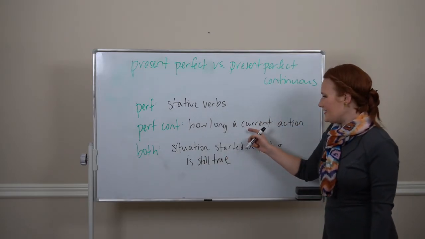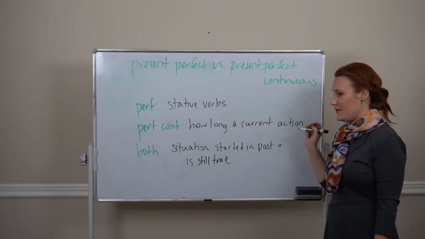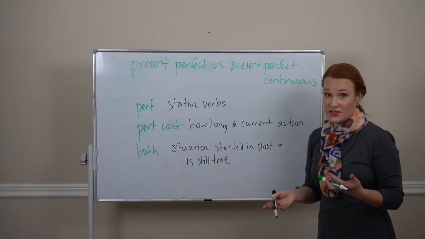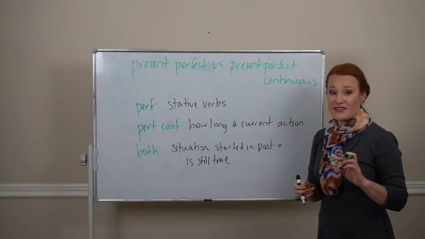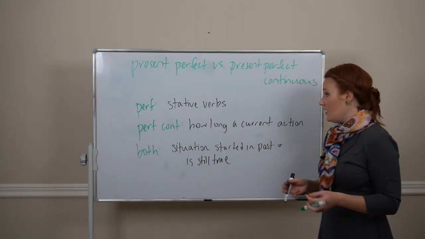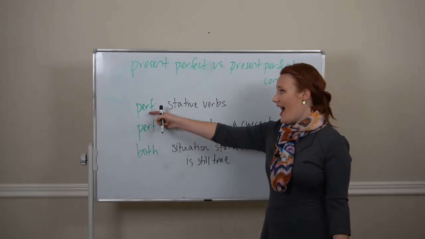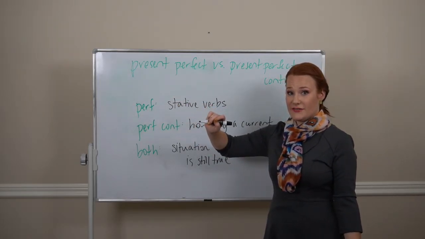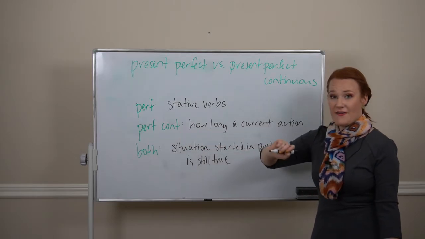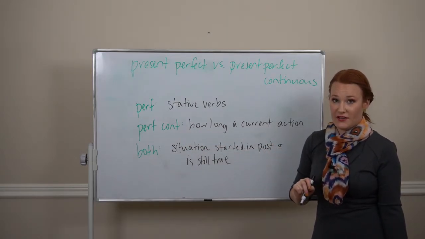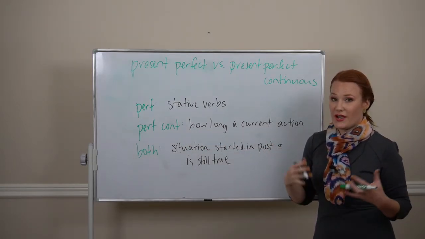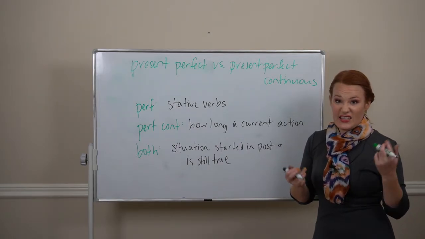So not just an action for perfect continuous, but also a situation. So kind of like our present simple versus present continuous. I can say, I have lived in California for 5 years, or I have been living in California for 5 years. They both describe my life situation. I can use either one.